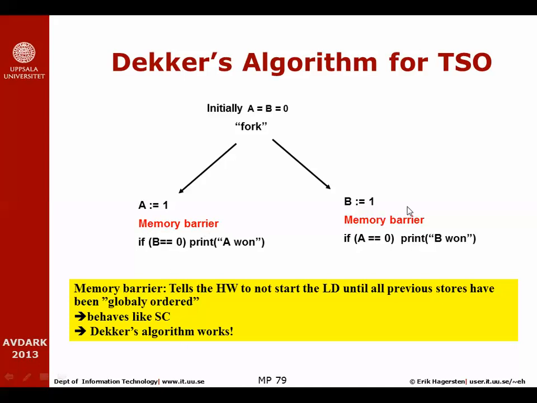So with a little help from the programmer, inserting memory barriers in the right place, and once more, total store order, you have to insert a barrier where you want loads following a store to actually be placed in the global memory order in exactly that order, load after the store.